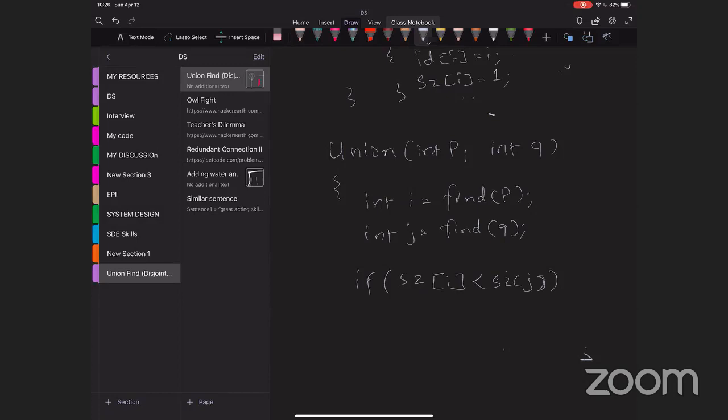Q is bigger, so j is bigger. Then I am going to change id of i to j, and also change size of j equal to size of i plus size of j. Otherwise, in the else, if this is not the case, that means j is bigger than i.